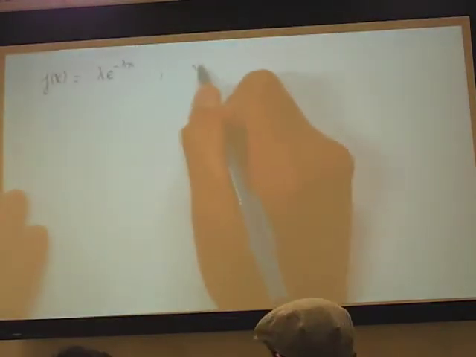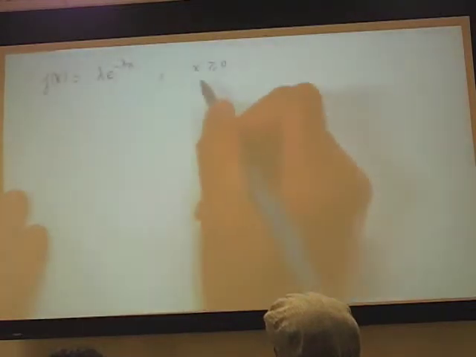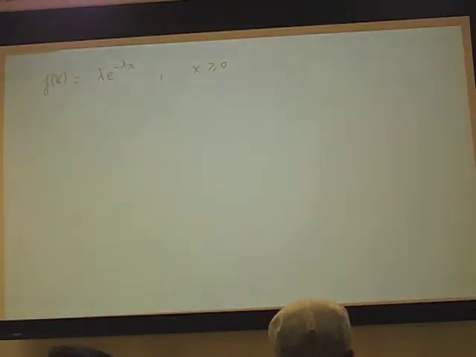In the past, whenever you have an exponential distribution, what does that mean? f of x is equal to lambda e to the minus lambda x when x is bigger than or equal to 0, and it's 0 otherwise, right? That's the exponential distribution with parameter lambda.